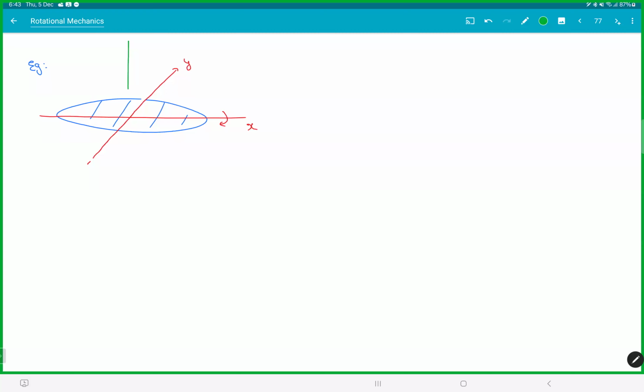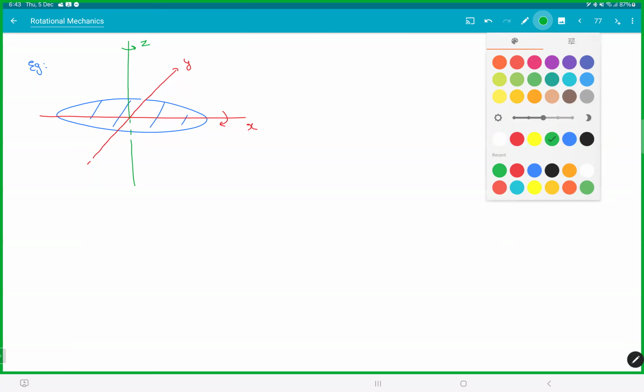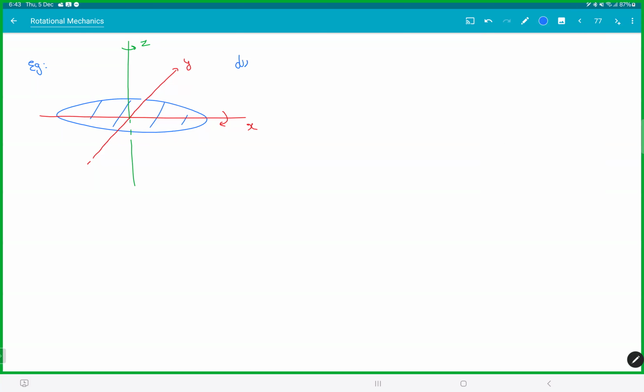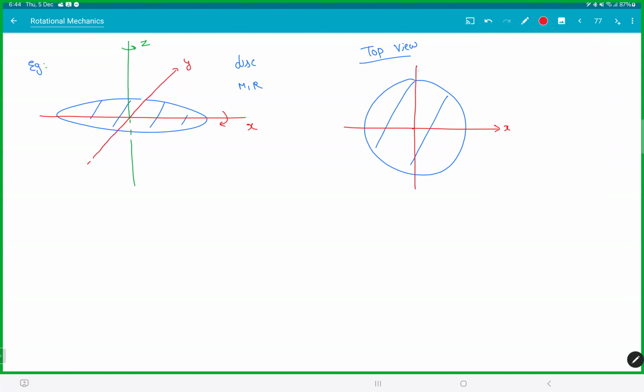Now for the disk, we already know the moment of inertia about the perpendicular axis z. Now, if you see the top view, this is how it would look. This is x, this is y. Can you see here clearly? Ix and Iy both are equal because of symmetry.